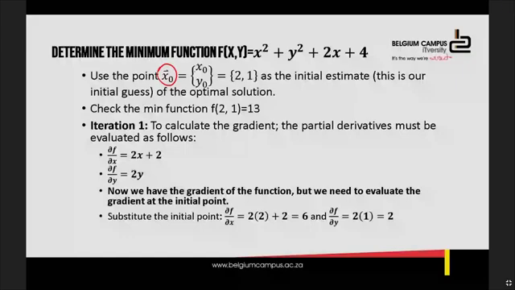The coordinates will fit to x and y, or x1 and x2. So this is our initial estimate, our initial guess. Usually in the test, we will give you the initial guess. Otherwise, everyone can start anywhere, so that would be quite chaotic. So we will give you an initial guess to work with. Our initial guess is 2 and 1.